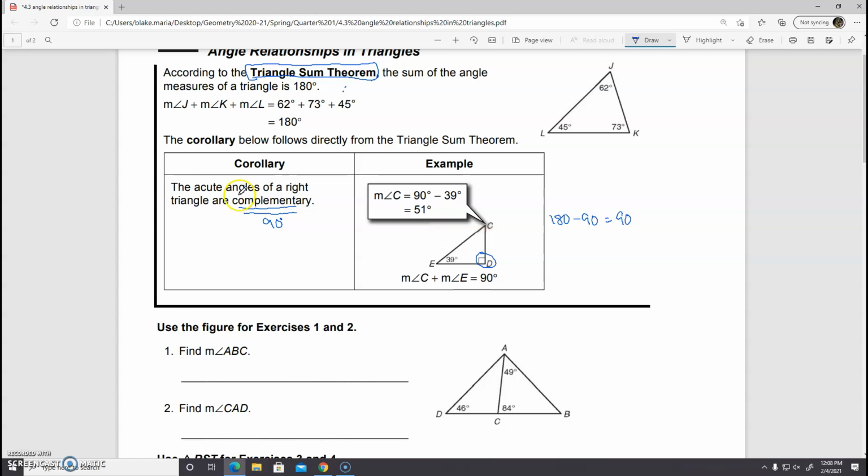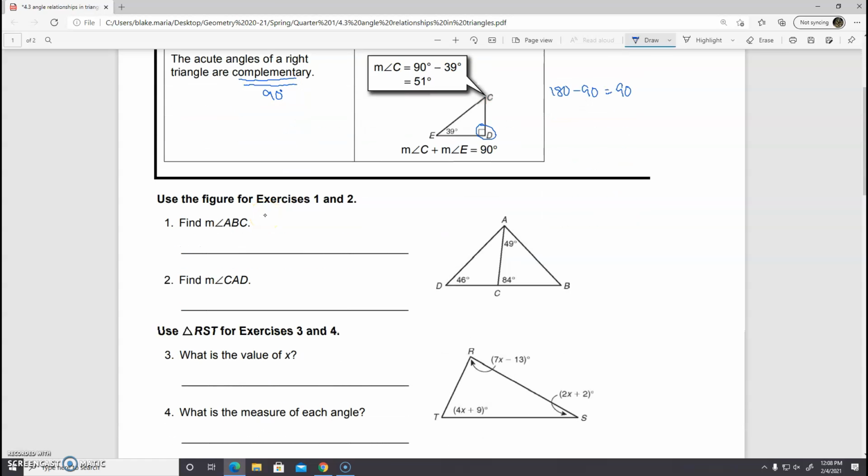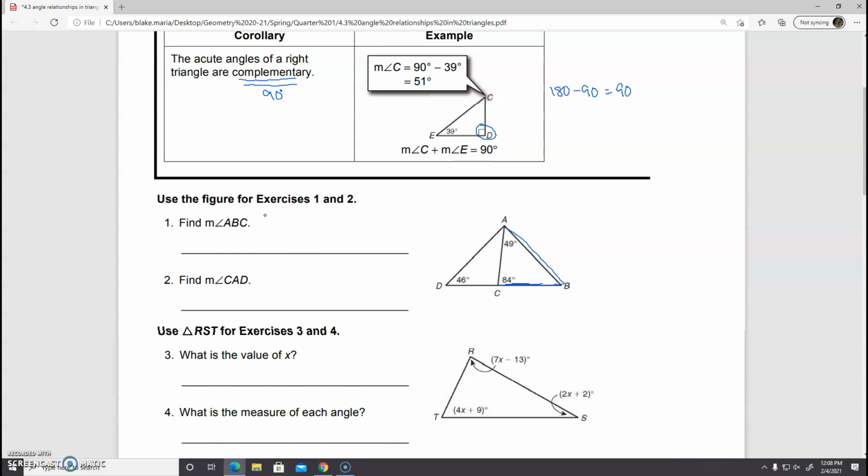Okay. So let's try it. Find the measure of angle ABC. Is this angle hanging out right here? So I'm going to look at this triangle, the triangle ABC. All right, here's your triangle right here. We know the angles should add up to 180.